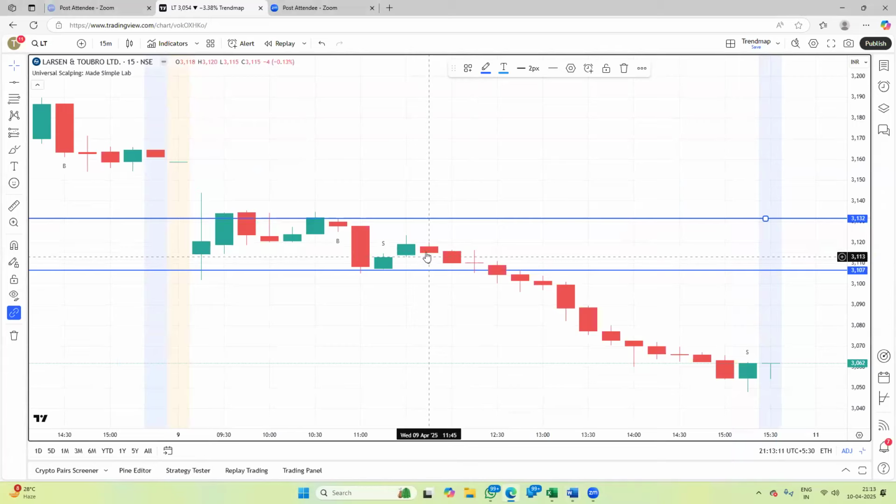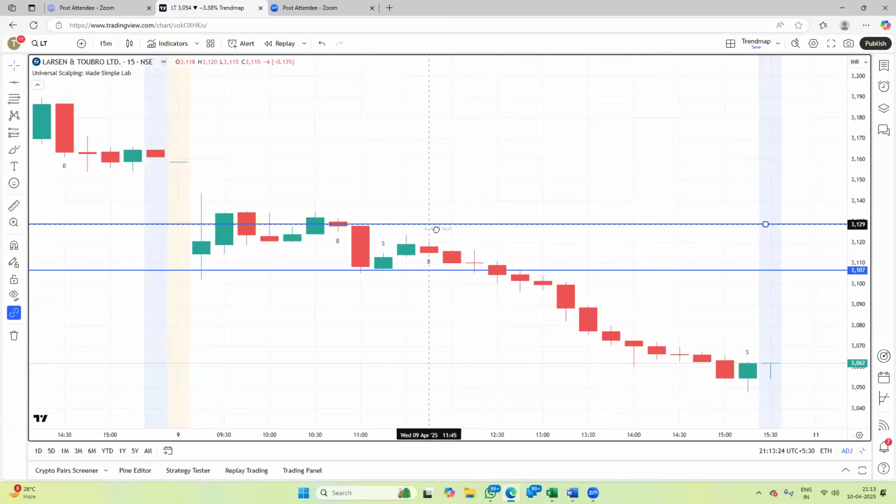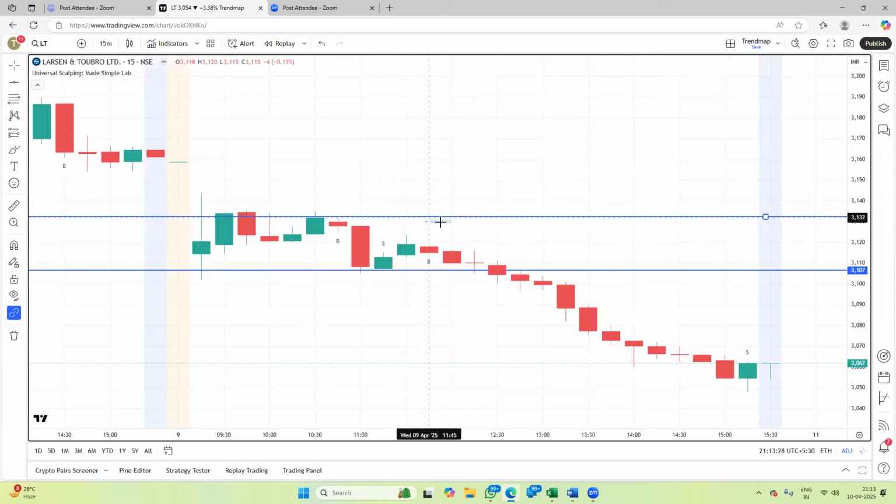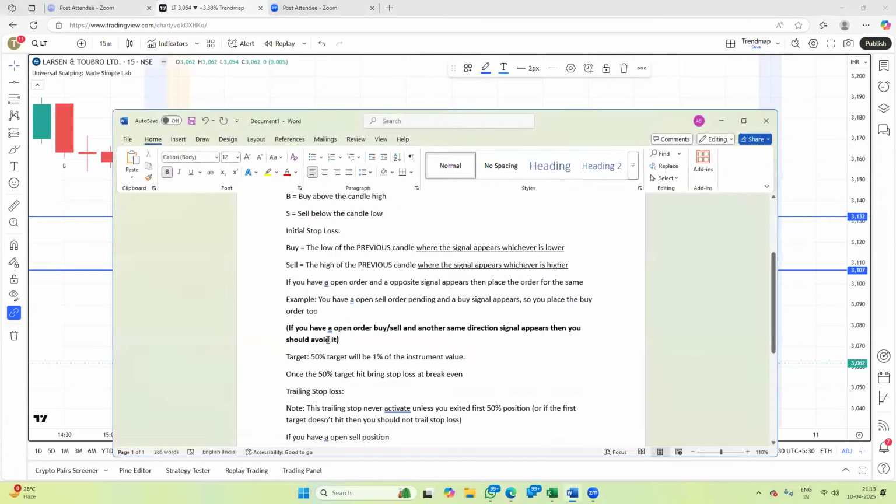Example here, you have a buy open order, right? An opposite signal, yes, you have placed, but again a buy appears. Should you modify your buy trade here? No, this is restricted by this rule. You have to stick to the original first signal. Very important. Yes, this line is very important.